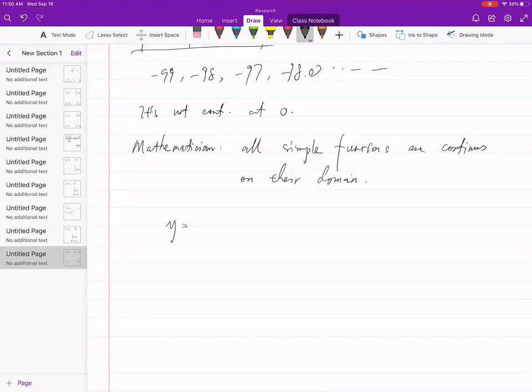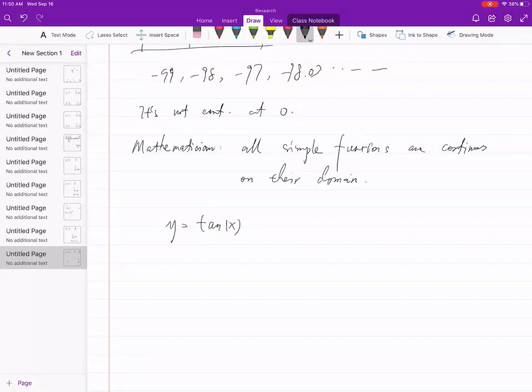That means if I tell you y equals tangent x, is it continuous? Then you just say, yes, it is continuous on its domain because it's a simple function. Why is that? Mathematicians have proved that, period.